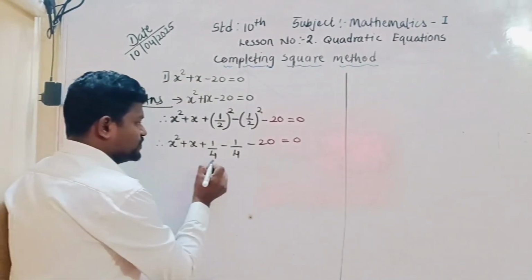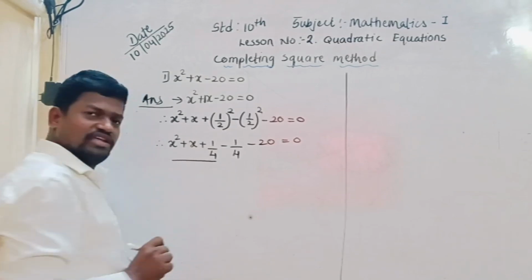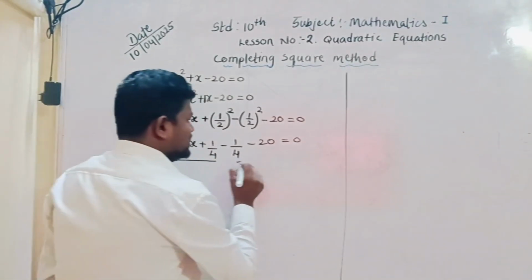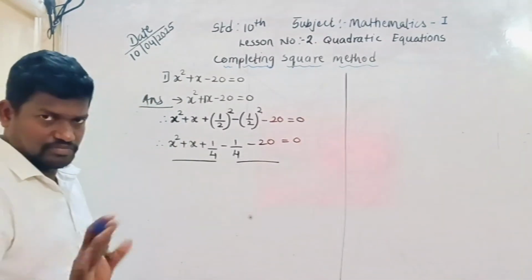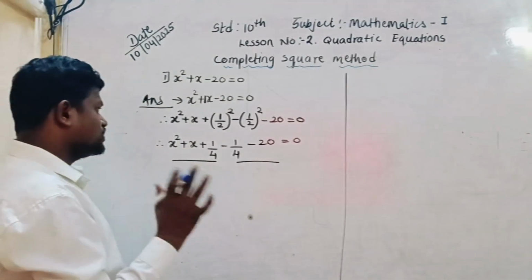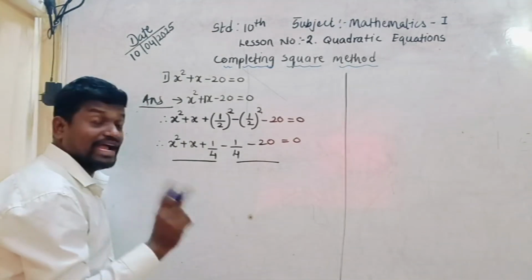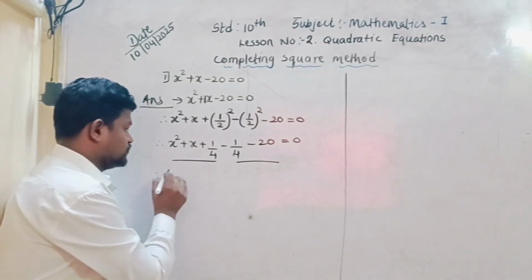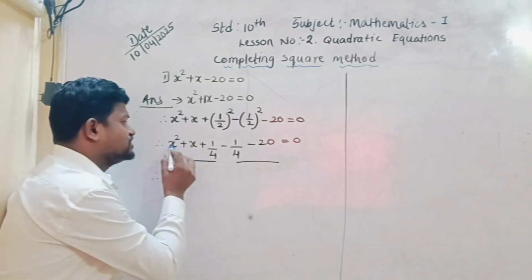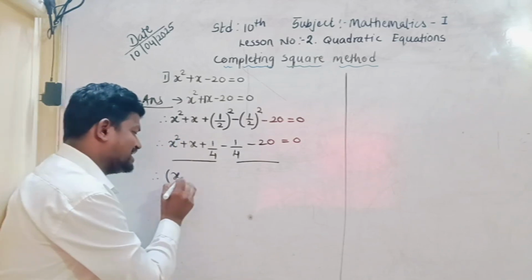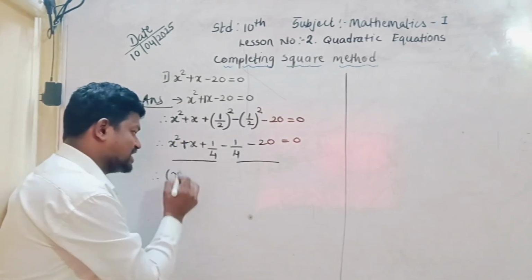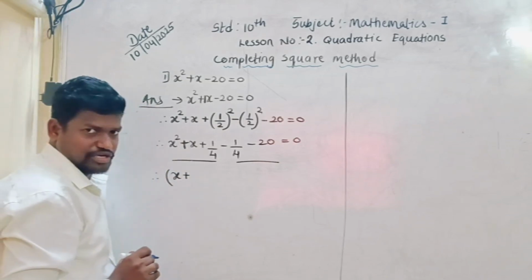Got it? Now underline the first three terms, 1, 2, 3, and underline the next two terms. Got it? Now we have to write down a shortcut for this. Instead of x square, we write down x here, then write the first sign, that is plus.